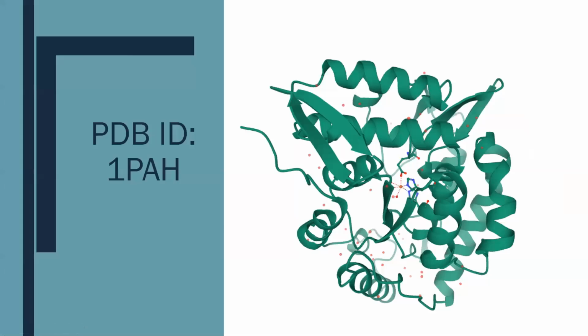So here's one angle of the structure I found on the protein database, and I used the ID 1PAH. I wasn't sure specifically what it was, because I know with sickle cell anemia we use HBS versus HBB. So that's what I came up with.